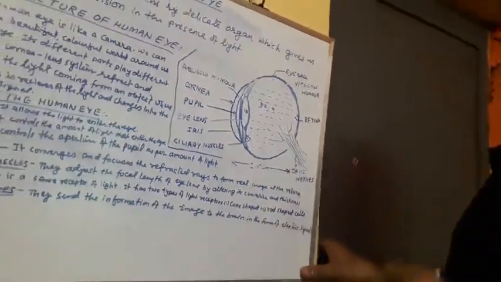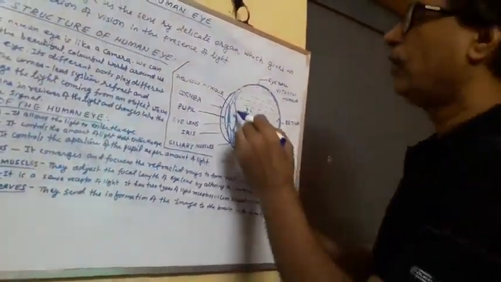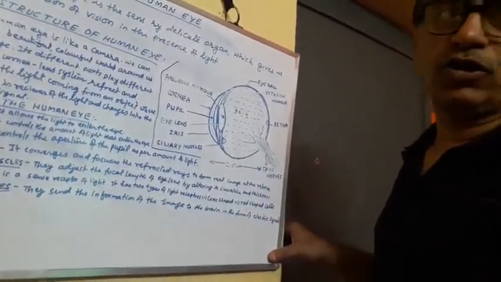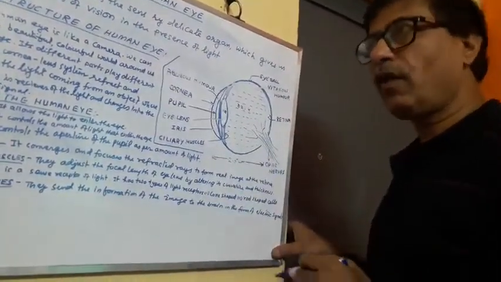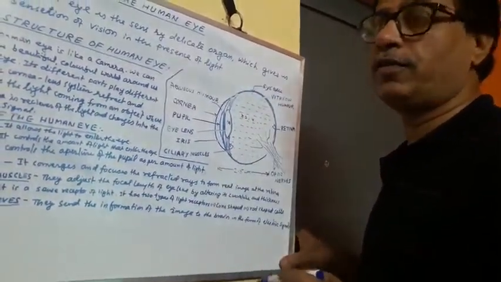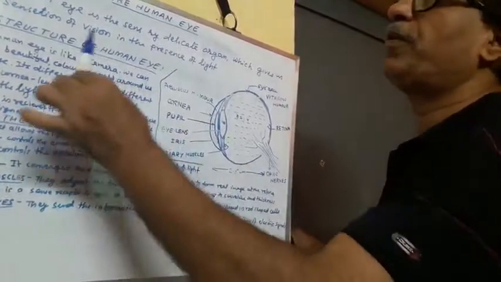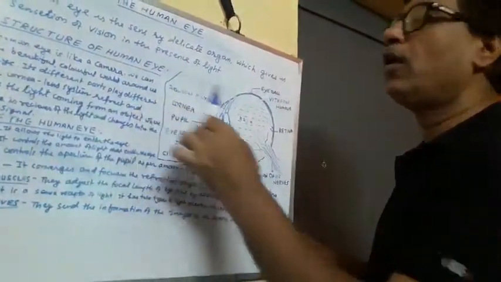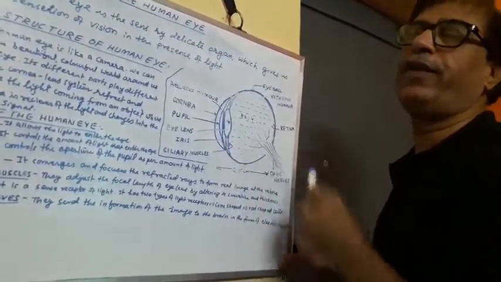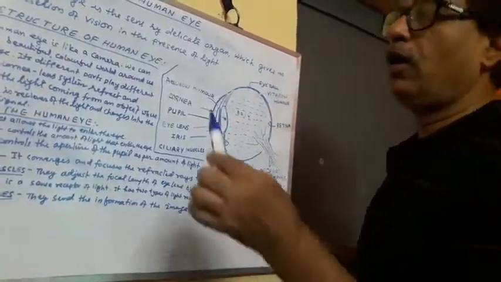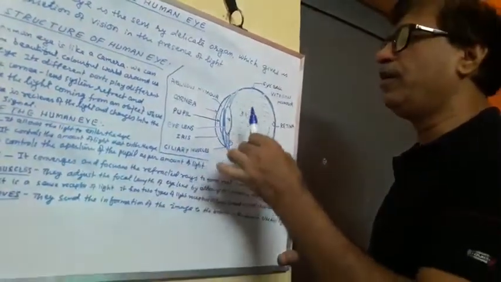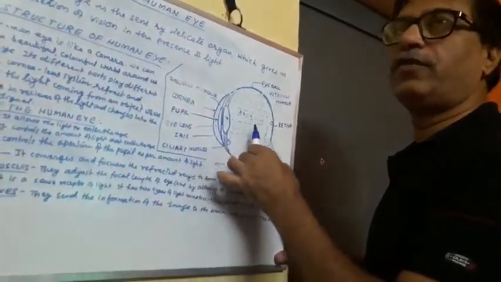Now there is a question. The question is that the human eye has a crystalline lens which is converging in nature, that is a convex lens. And we know that the property of the convex lens is that if the object is placed at different positions, then the position of the image is also at different places. If the object is at infinity, then its image is formed by this lens at the focus.